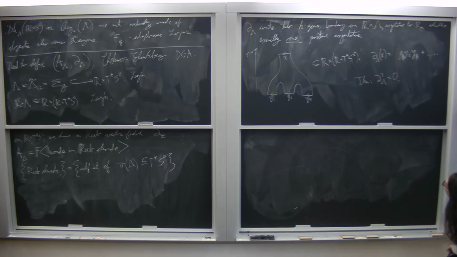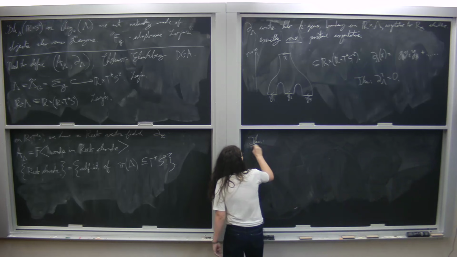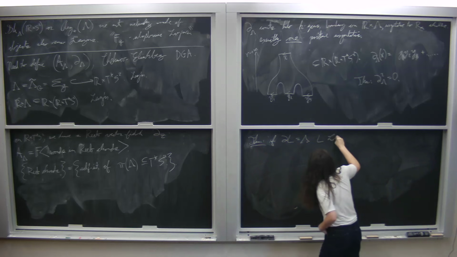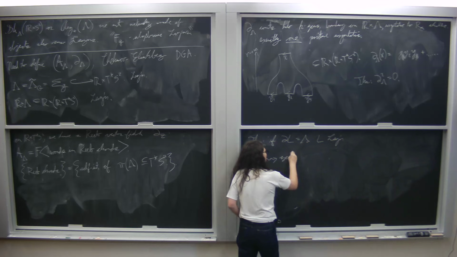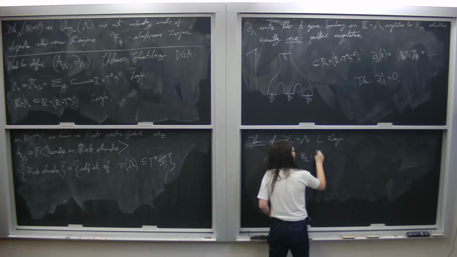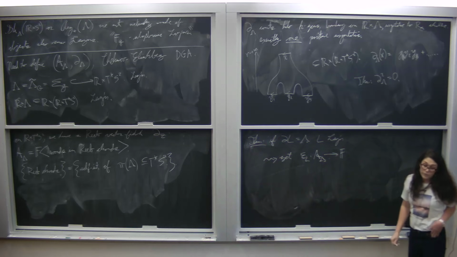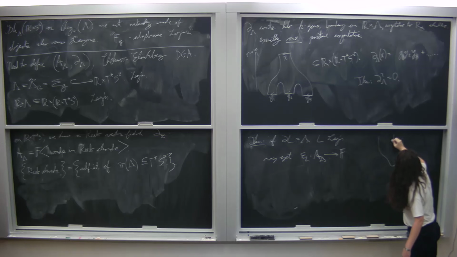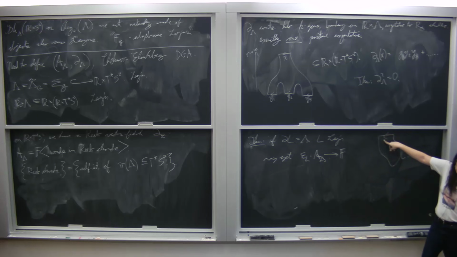Okay. Right. And then I guess the other theorem is that if boundary L equals lambda, L Lagrangian, then from this we get epsilon L mapping A lambda down to F, which is essentially just counting all holomorphic curves with boundary on L asymptotic to Reeb chords, right?